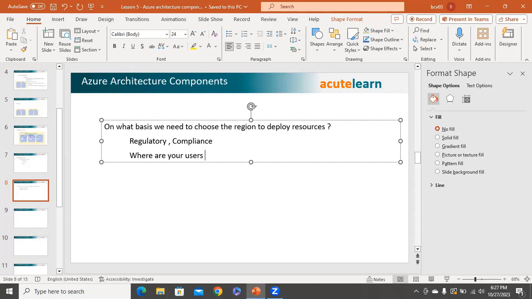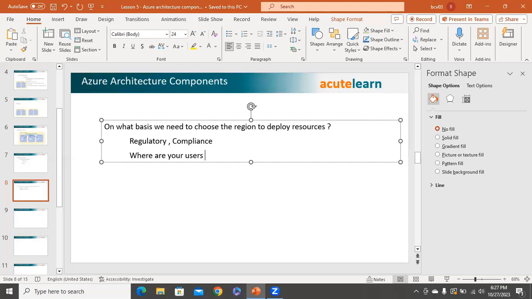Like there are so many applications which organizations will use. Now I have a manufacturing unit in Hyderabad, and all my customers are based in South India, and the majority of the partners are going to use it in South India. My application should be faster.